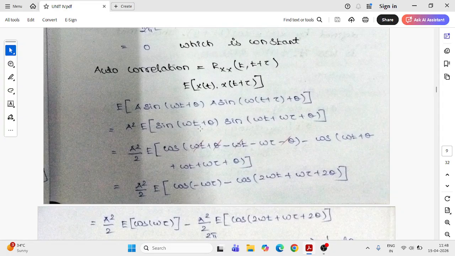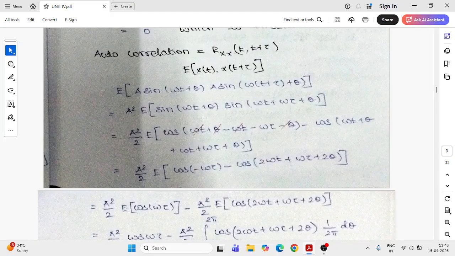Next is sin(omega t plus theta) into sin(omega t plus omega tau plus theta). Now let us have it in the form sin a sin b, which is cos(a minus b) minus cos(a plus b).